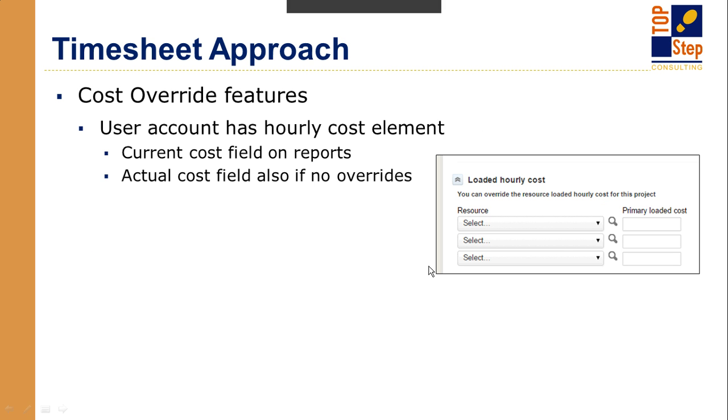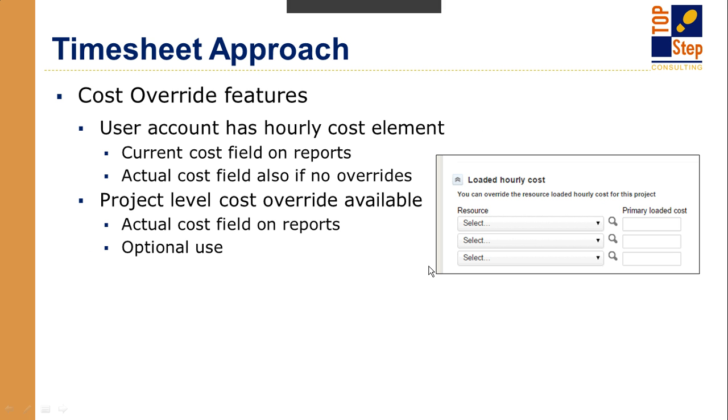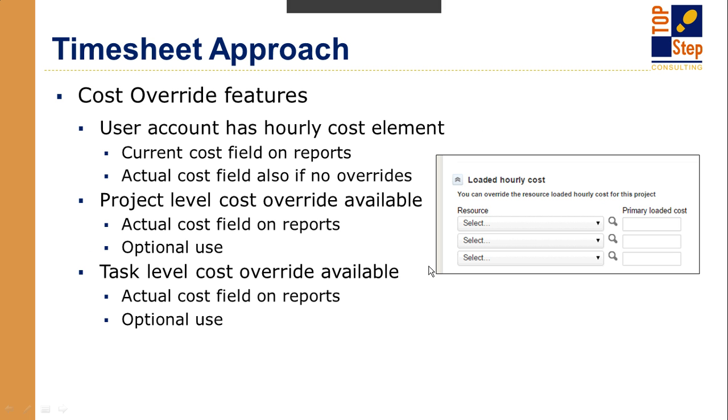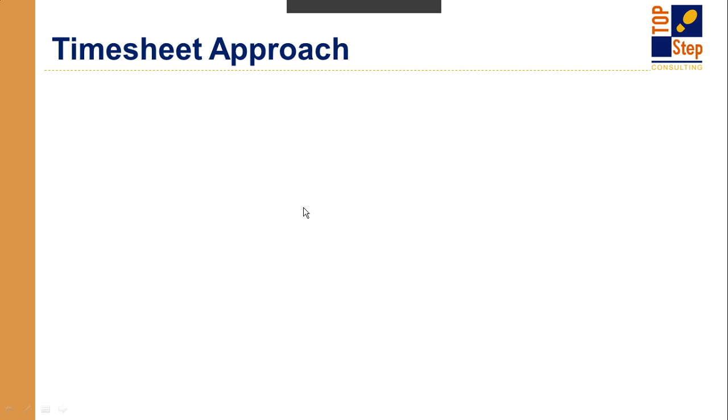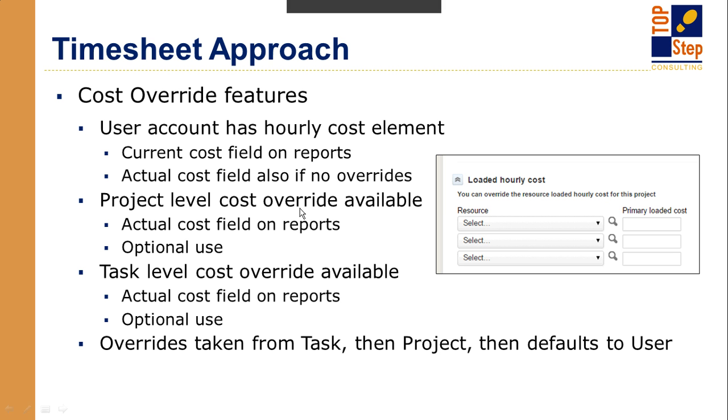Again, with the timesheet approach, you have this cost override ability, which lets you say for this project or even this task, this user's cost is X, whatever the value is. With employees, we typically put in a cost at the employee level. This employee costs us this much regardless of what they're doing.